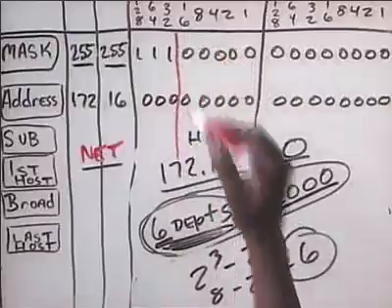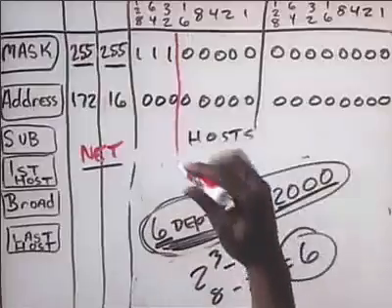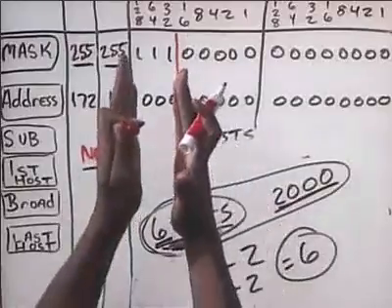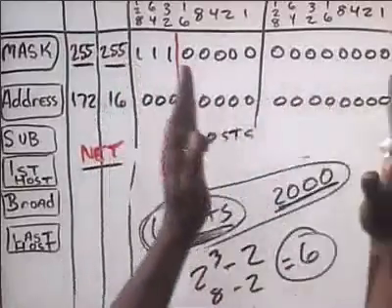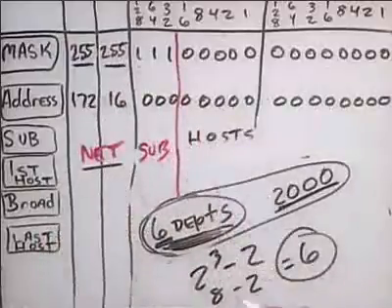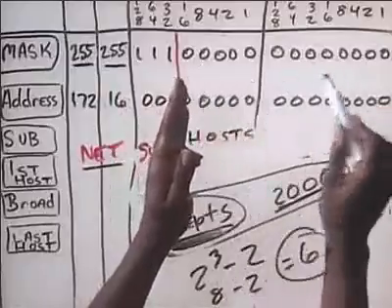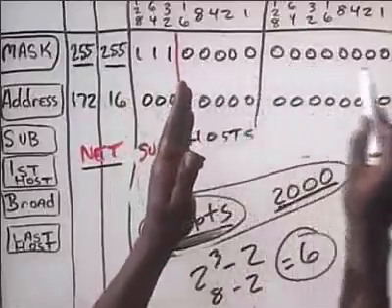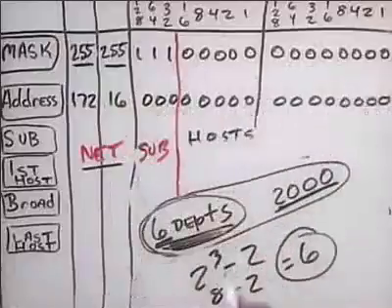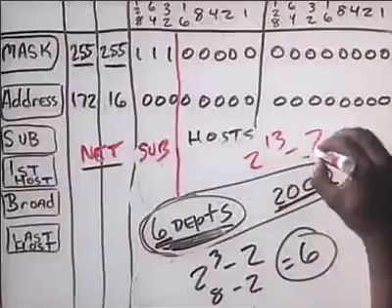So we'll draw this red line here just to separate or differentiate between the host section here and the subnet section that we've created. So with this new mask, that leaves us with 5 plus 8, that's 13 bits that we have there. So 2 to the 13th minus 2.